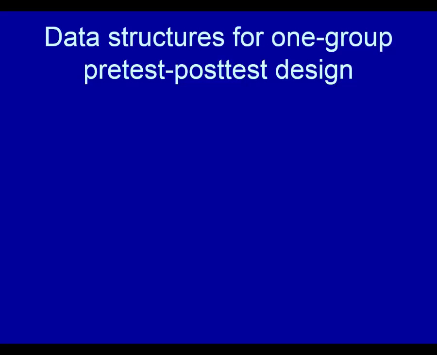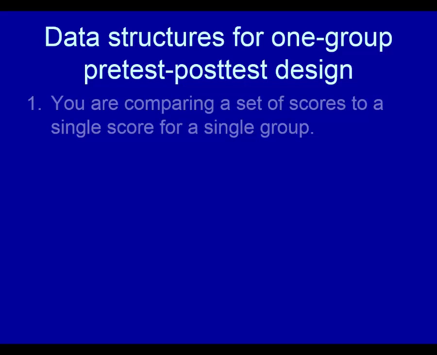Data structures for one group pretest, post-test design. Here are a couple different possibilities you may be facing in your situation. You are comparing a set of scores to a single score for a single group of people. If you do a pretest, post-test, and you're unable to match each person's pretest score with a post-test score, what you can do is do a mean of the pretest, compare that single score to all of the post-test scores for that single group.